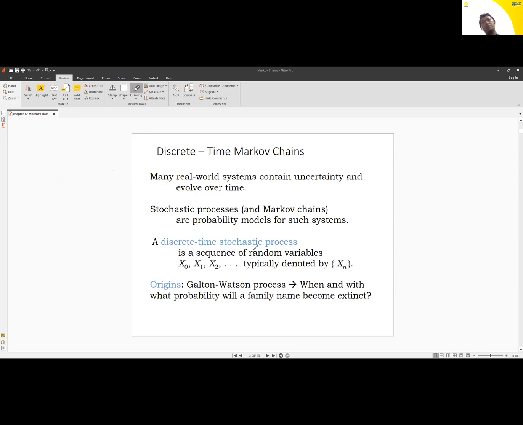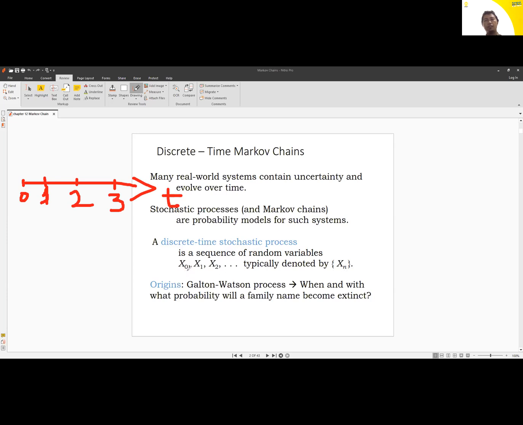Discrete time means that we only sample in certain periods, so we can name it maybe T0, T1, T2, and T3 in terms of the x-axis in the time domain. So a discrete time stochastic process is a sequence of random variables, typically denoted by xn.